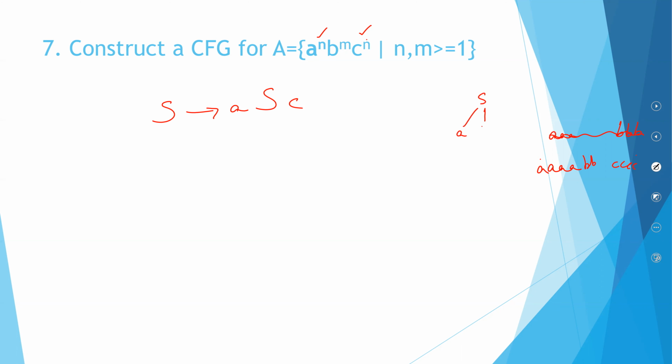A S C. You can go on having any number of A's and C's. Now, you need to stop it, because otherwise it will go on and on. Now, you can have B's. B's can be any number. You can have at least one B or any number of B's. So to stop that, you need a B in between.